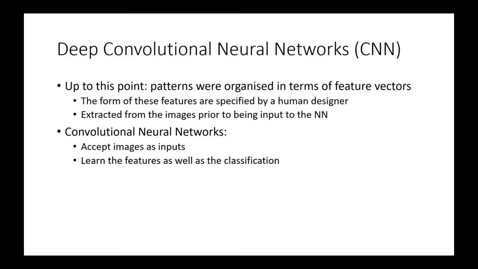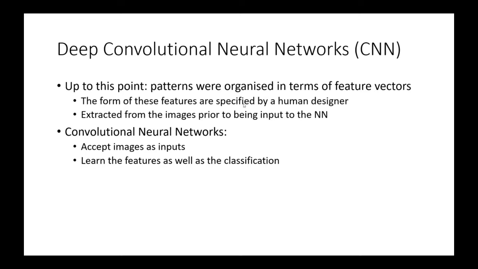Okay, so let's finish this lecture with an introduction to deep convolutional neural networks. In this lecture, and in last week's lecture as well, we assumed that the patterns were organized in terms of feature vectors.